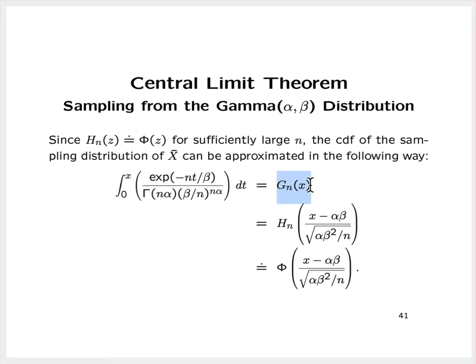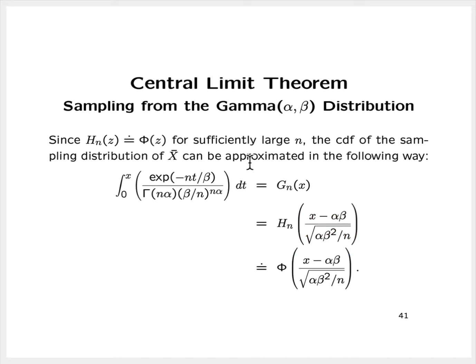That is given by the CDF of X bar evaluated at a value x. Notice that x is the upper limit of integration here. And this can be expressed in terms of the CDF of the standardized version of X bar, Z sub n, so expressed in terms of H sub n in this way.